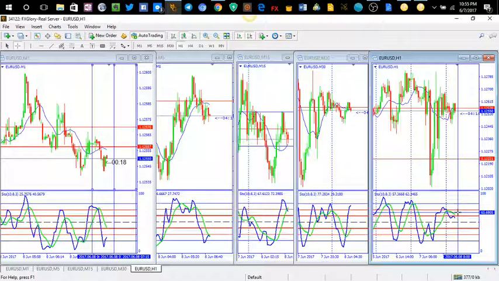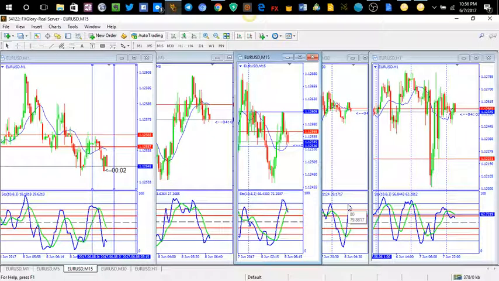We have the 30 minutes setting up to sell. The 15 minute is ready to sell, but we want to wait for the 30 minute to agree with that. Now we know that the 1 hour chart is going to hold the 30 minute down just based off of its position.